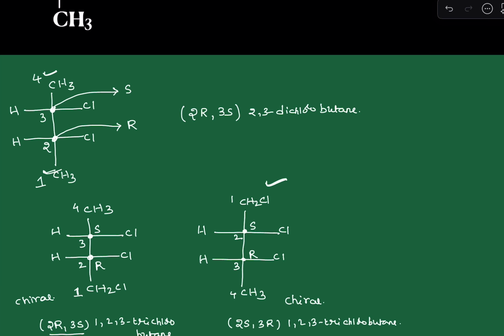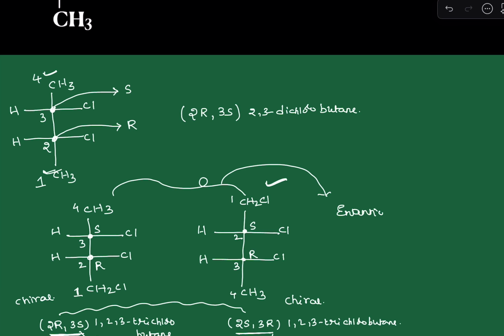You can see this is 2R3S and this is 2S3R. The configuration is exactly opposite at both the chiral centers in these two molecules. Therefore, this is an enantiomeric mixture, and these two are not the same. These two are enantiomers. They are not identical.